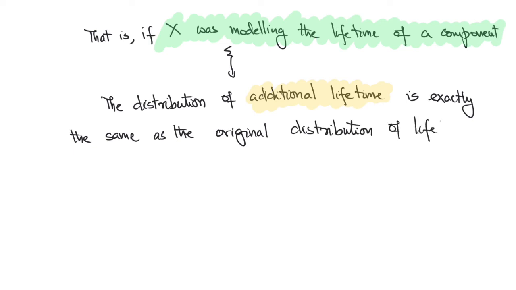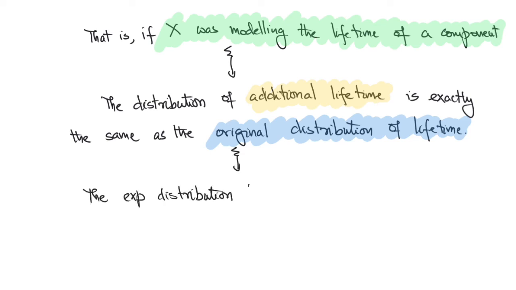This says that the distribution of the additional lifetime is exactly the same as the original distribution of the component lifetime. Another way of interpreting this is to say that the exponential distribution has the memoryless property.